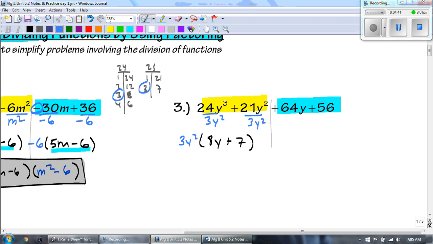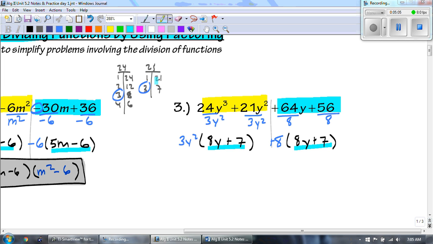Now, the second group. 64 and 56. It's 8. Okay, we're going to make you think for these ones. 64 divided by 8 is 8y, and 56 divided by 8 is 7.